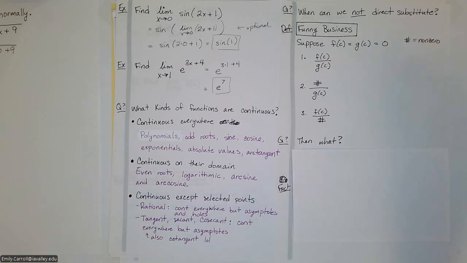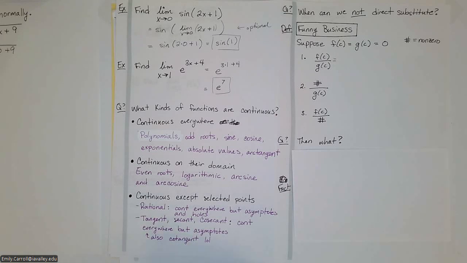At any rate, here are our types of funny business. Here are our types of things that make us sad because we're not allowed to direct substitute when these happen. So we're going to pretend we have some functions f and g, and we know that they evaluate to 0 at c. And then I'm going to use a number sign just to mean some random number that is not 0.